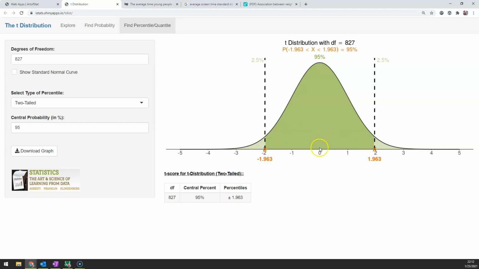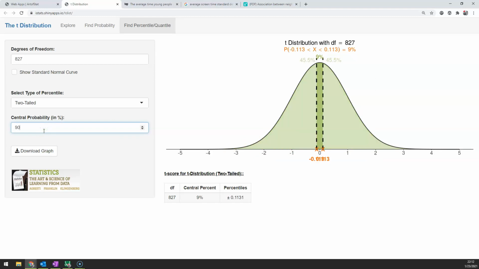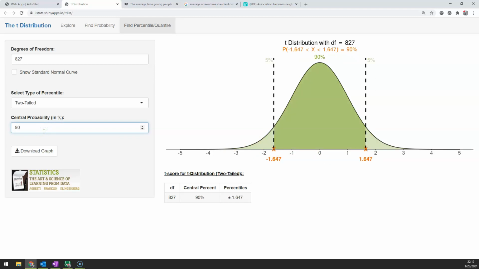And we want to make sure that we're within that range, in this case, 90% of the time. This is where we get our t critical value of 1.647. We can see it here on the boundary, up here, and down at the bottom. So 1.647 is going to be our t critical value.